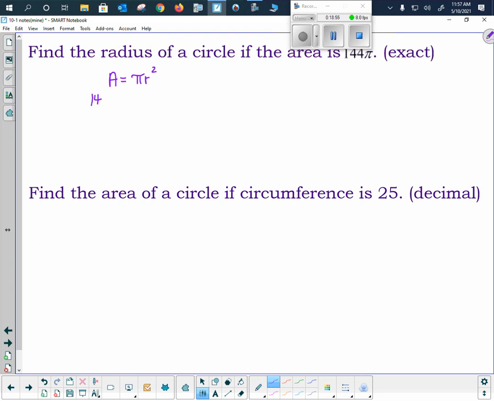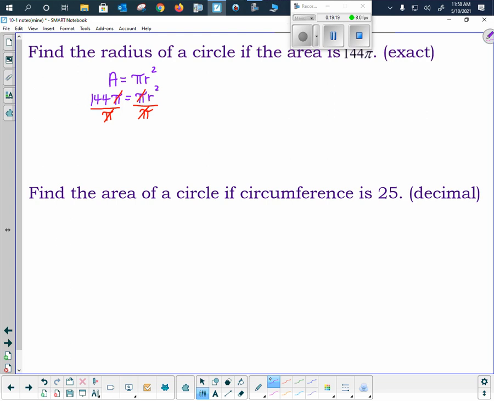So they told you area is 144 pi equals pi r squared. And now I'm not even reading the problem yet, but I noticed that the only thing there for me to find is r. That's the only variable. I do notice that if I divided both sides by pi at this point, don't they cancel?